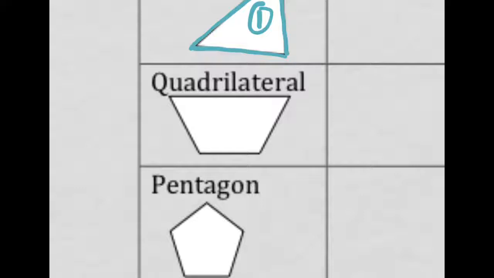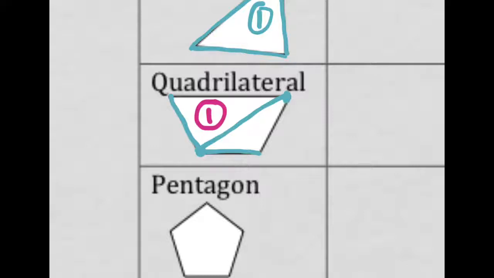Let's take this one. Remember, we're just going to pick a vertex right here. We could pick any of the corners or vertexes, but we're just going to pick that one. And we're going to draw to the other vertexes. Well, this one, okay, that's not very fun. But to this vertex, we separate this shape into 2 what?